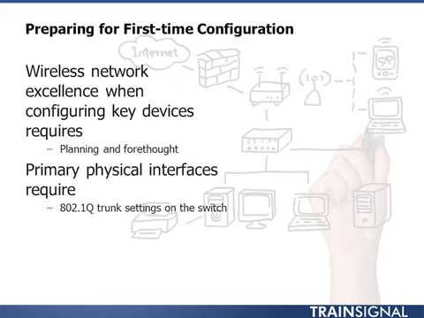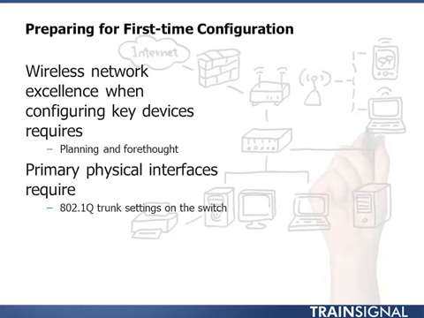Now, when we look at wireless LAN controllers, they have physical ports on them, and we are going to have static and dynamic interfaces which we will map to those physical ports. Now, those physical ports connect to your wired network through a switch.